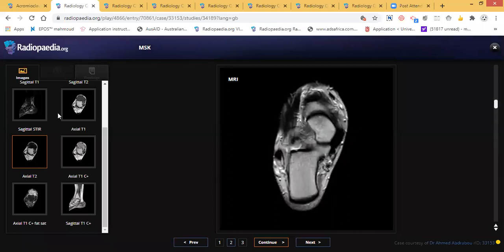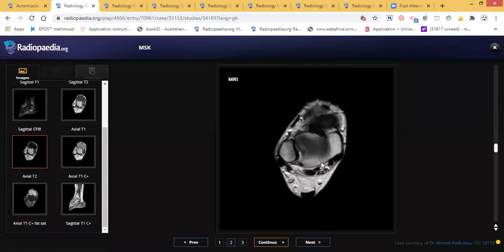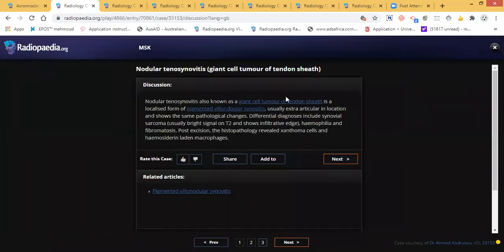What is the reason it's dark? Yes, the hemosiderin deposition, exactly. So this is giant cell tumor of the tendon sheath. It comes beside the tendon, and it is the localized form of pigmented villonodular synovitis.